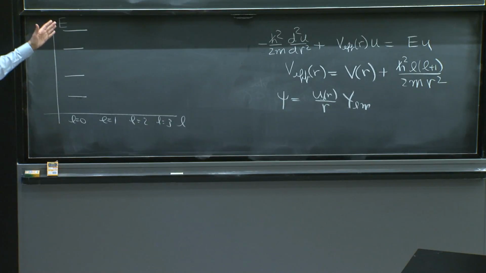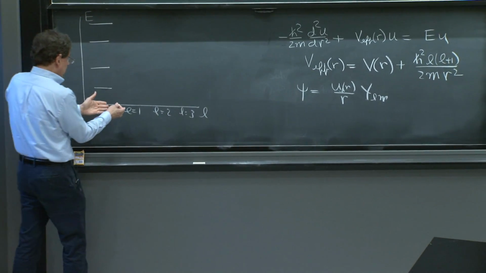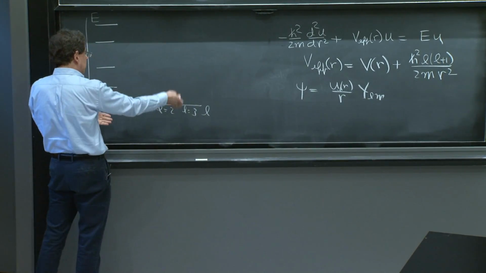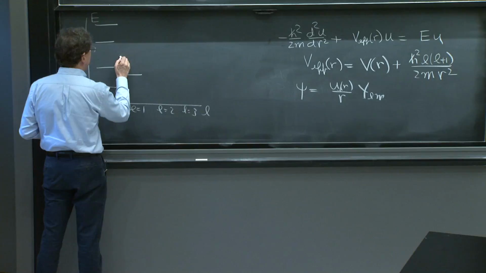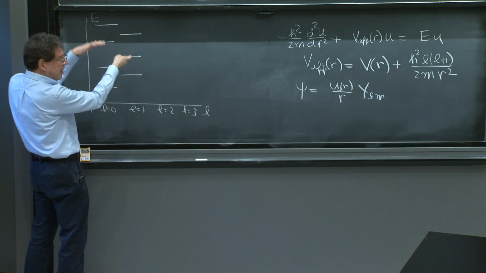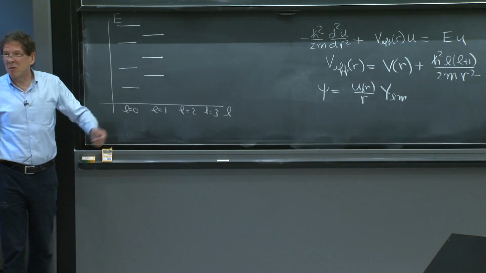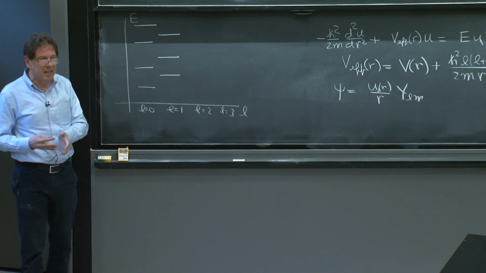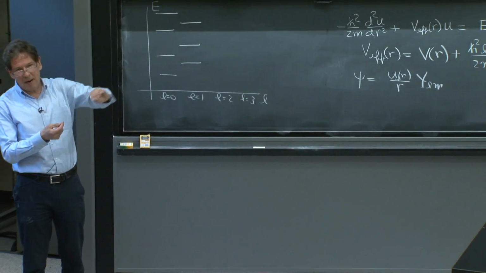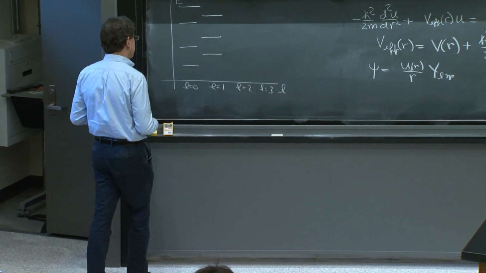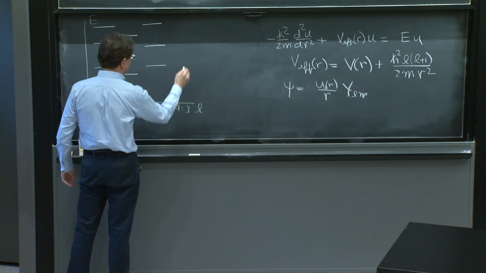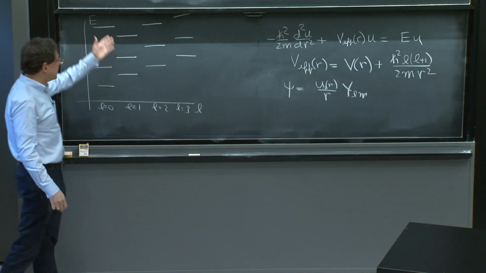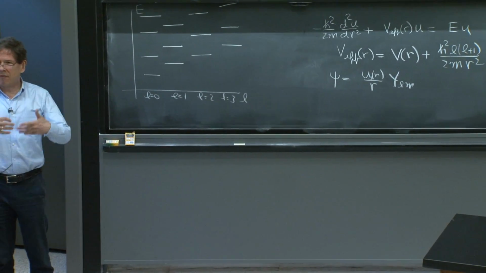So here you have these energy levels, and then with the hydrogen atom you keep solving, of course, for all the L's, and when you solve for L equals 1, you may find some levels like this. It's a miracle when the levels coincide. There's no reason why they should coincide. They happen to coincide for the hydrogen atom, and that's because of a very special symmetry of the 1 over r potential orbits. Then for L equals 2, you solve it, and for L equals 3, you solve, and you find these states, and that's the diagram of states of a central potential.